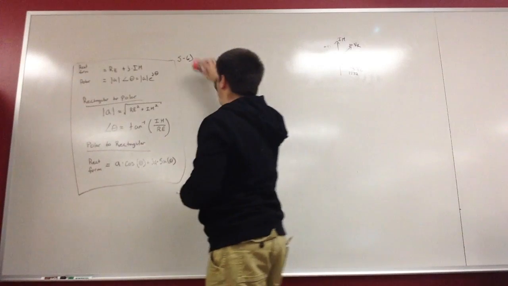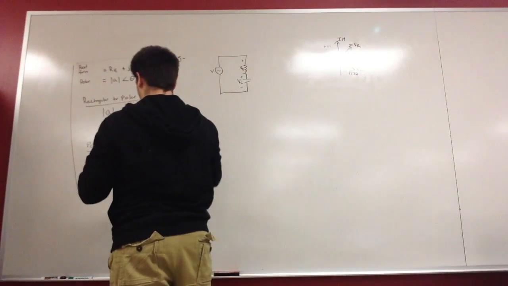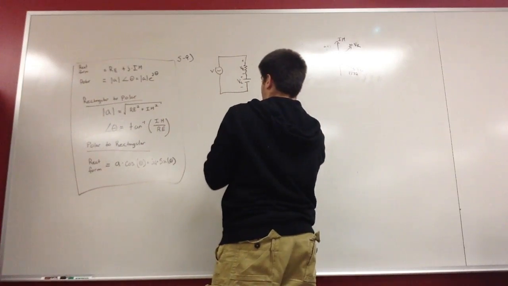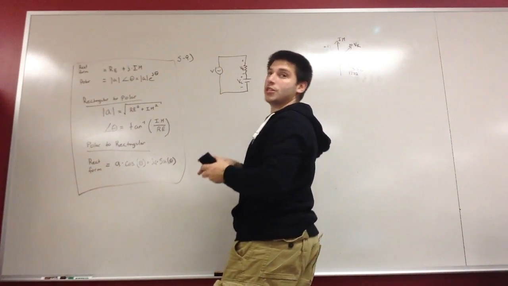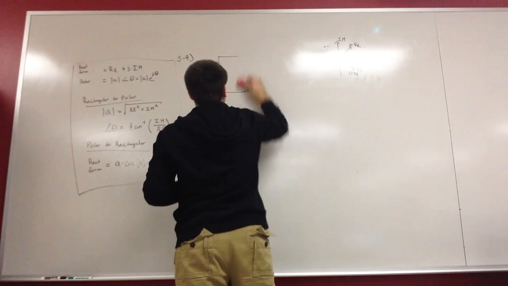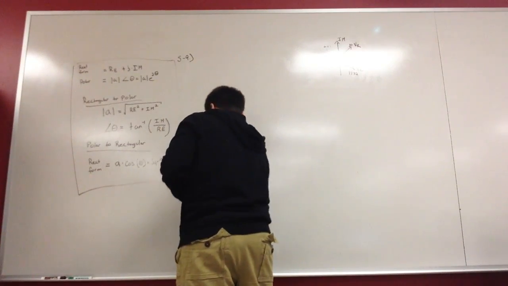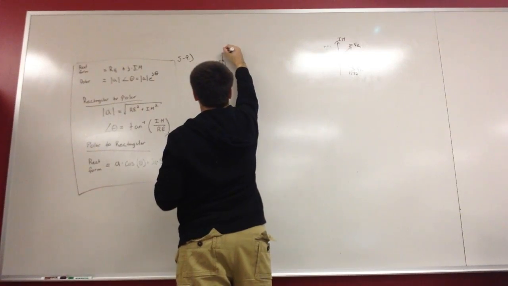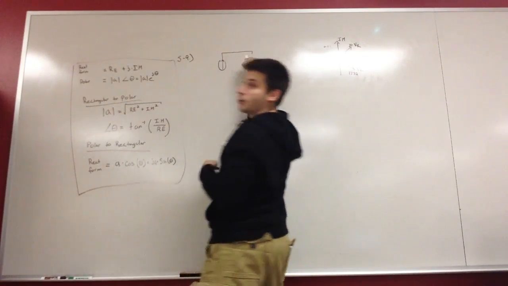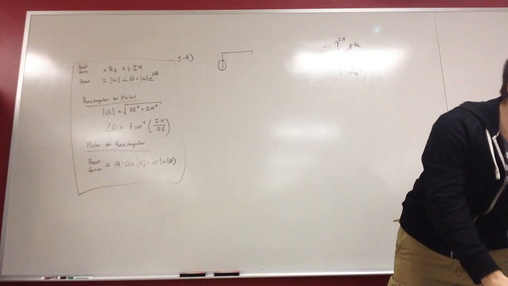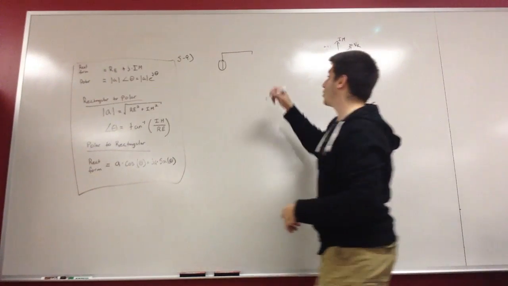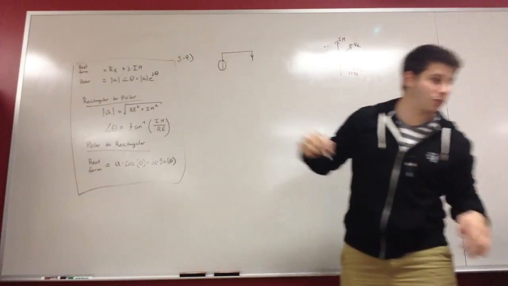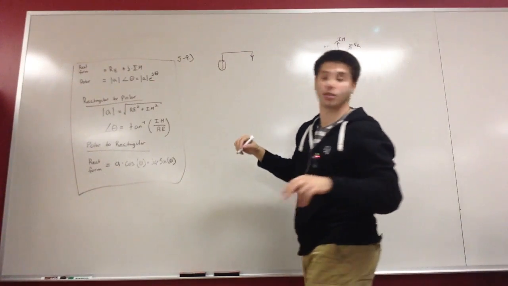Alright, the next question is 5.9. I don't know if this was confusing because of the way the circuit was drawn, but essentially you're following the same procedure. This circuit is asking for current instead of voltage, and for a double loop circuit, you're going to have two different currents.